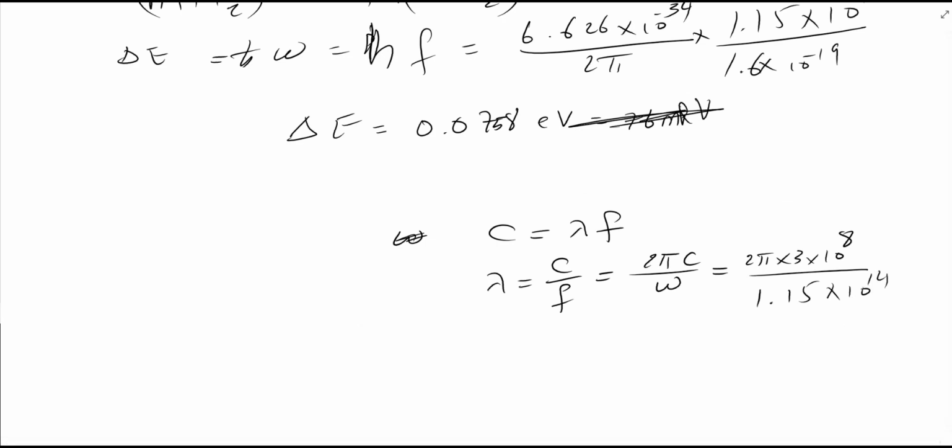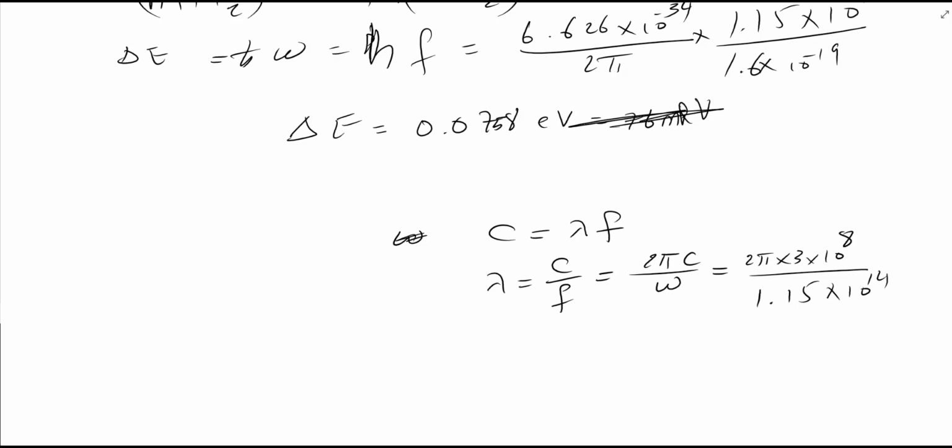Okay, so let's find the wavelength now, and that's going to be the last part of this problem. It's a long problem. So we have 2 times pi times 3 times 10 to the power 8, the whole thing divided by omega. You guys don't know this program, Microsoft Mathematics? It's a useful program.